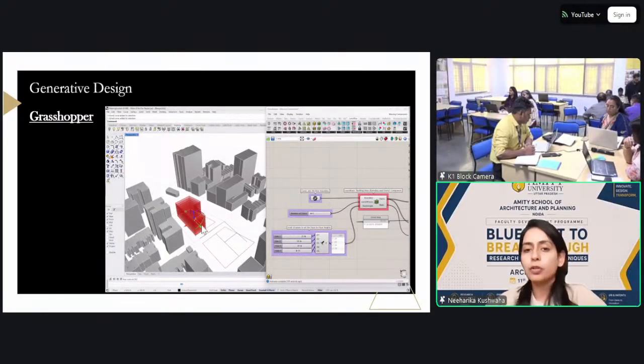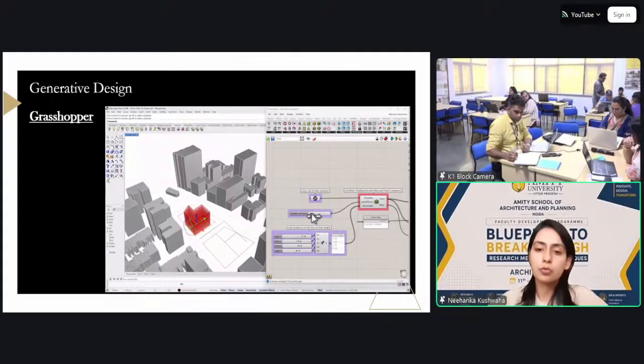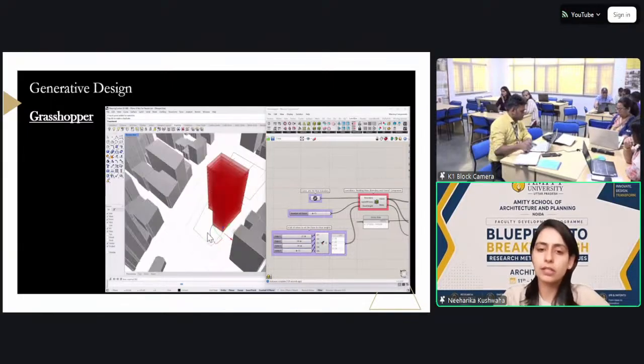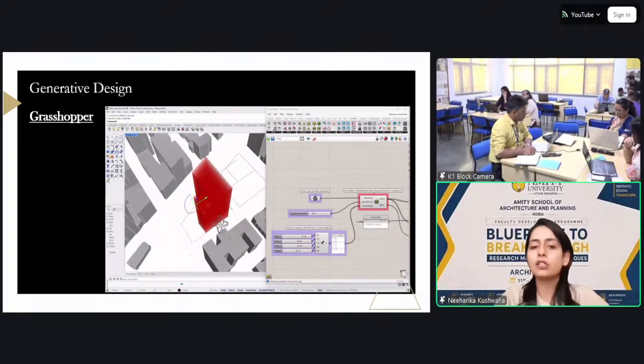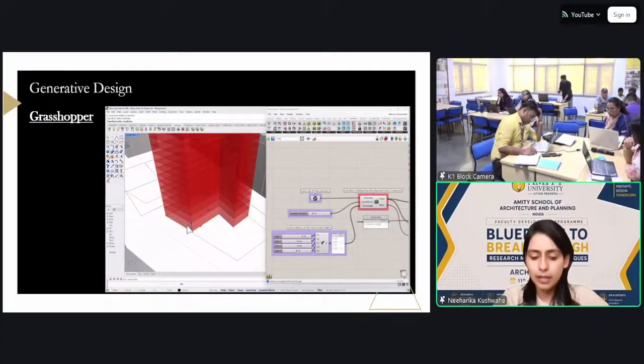Similarly, Grasshopper, we all know, is used extensively in BIM for parametric and computational design, but it also allows designers and researchers to create certain rules. It's a rule-based system where geometry responds dynamically to the parameters you have set. So you need to put in those parameters and rules for how the geometry of a certain building should relate to your site context.